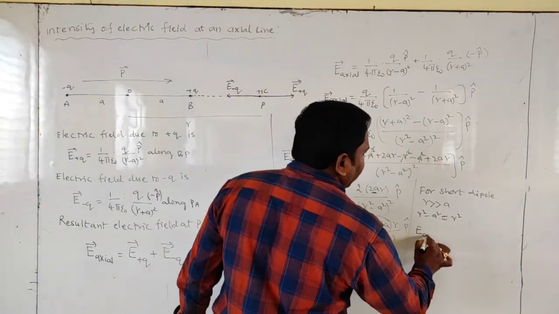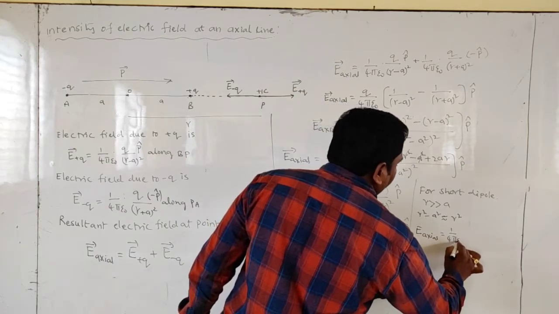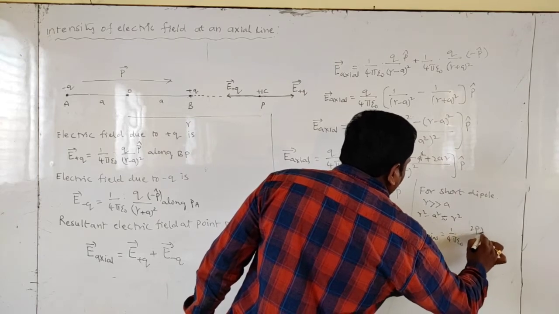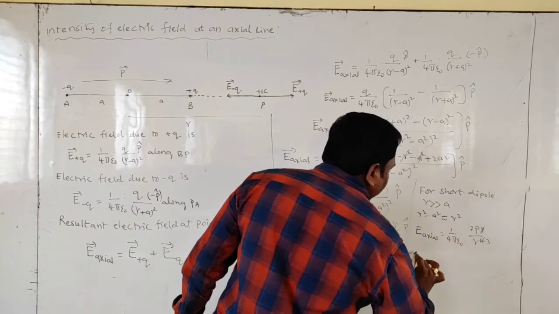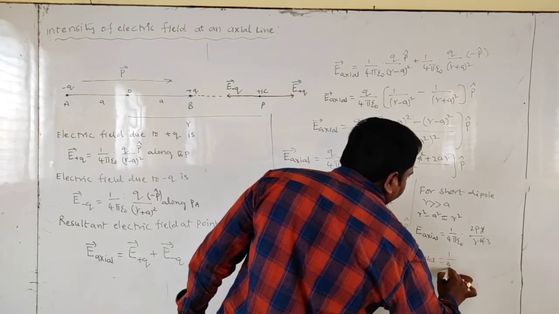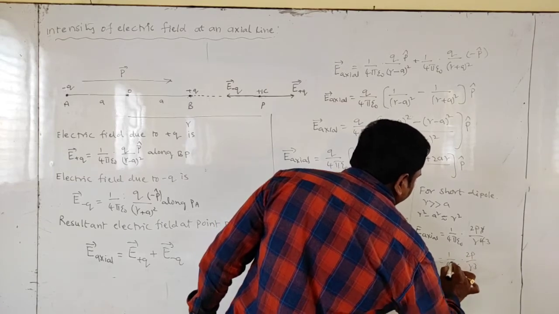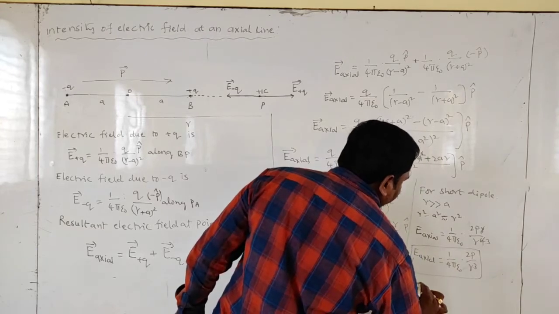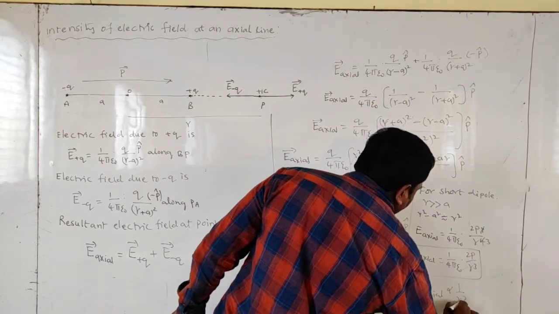Now E axial equals 1 by 4 pi epsilon naught, 2P R by R power 4, R cancels. So E axial is 1 by 4 pi epsilon naught, 2P by R cube. So this is the final expression we got. That means E axial is inversely proportional to R cube.